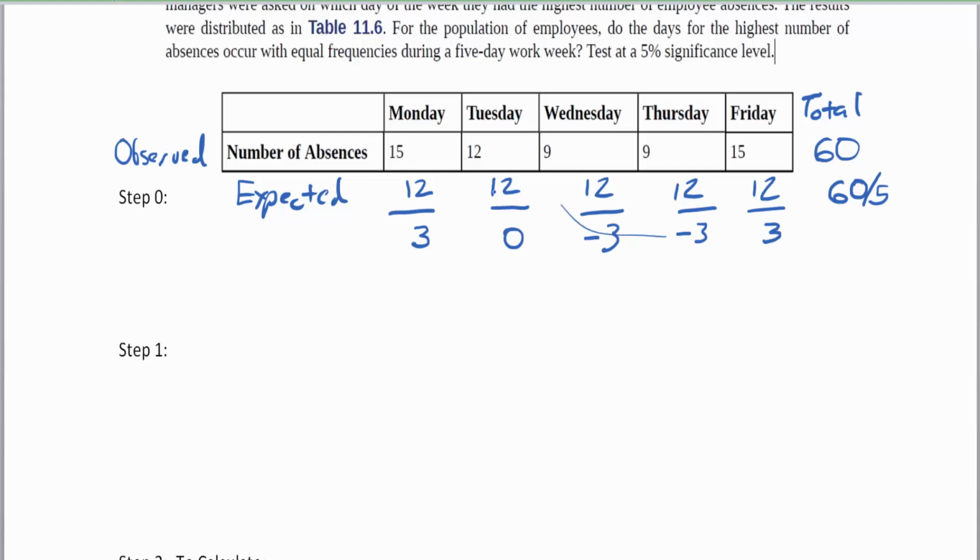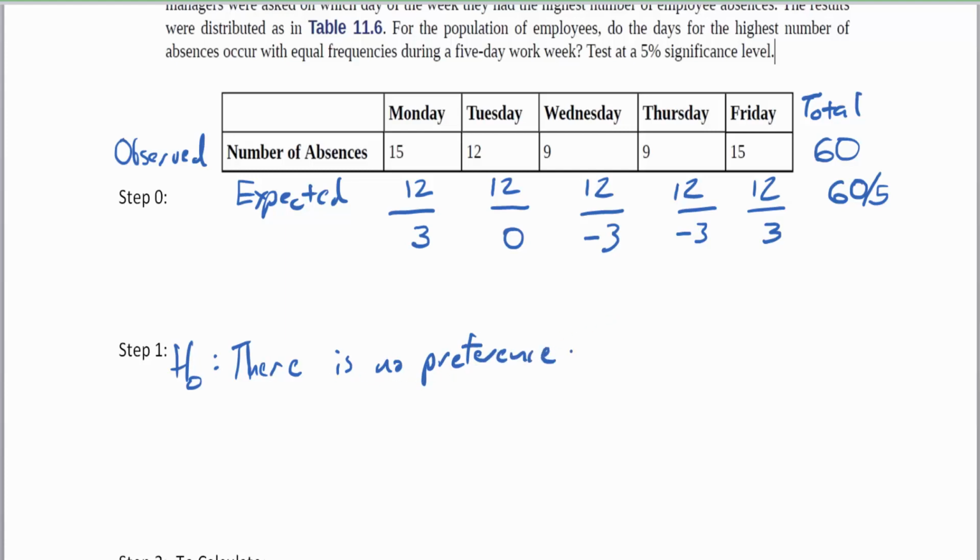We are also going to now do our null and alternative hypothesis. The null hypothesis is someone basically saying, no, there's nothing weird here. So there is no preference. There is no preference. That's the null's position.